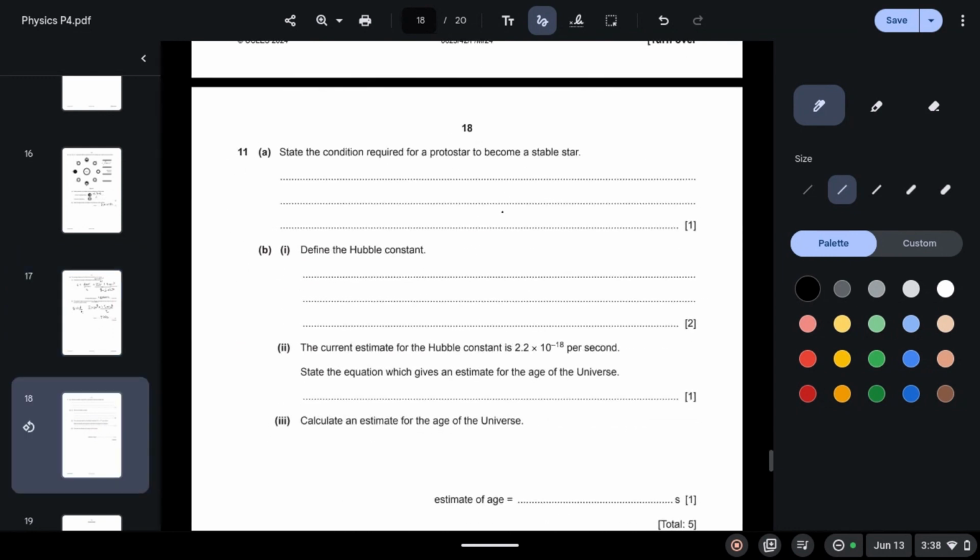The last question, state the condition required for a protostar to become a stable star.